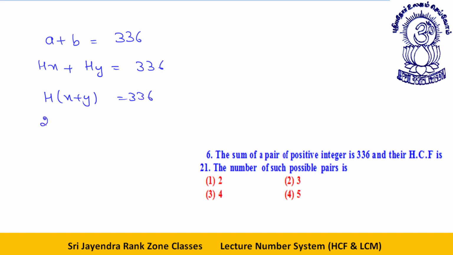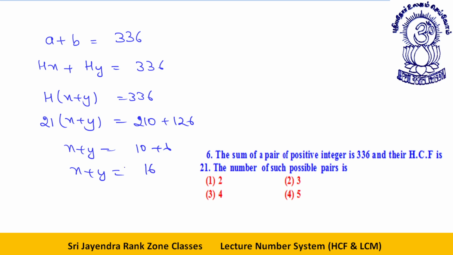What is the value of H? 21 into X plus Y is equal to 336. Let me break down this 336. I'll write it as 210 plus 126. Now you can easily say X plus Y is equal to, if you cancel them by 21, X plus Y is equal to 16. Find out how many possible pairs are there. Try it yourself.